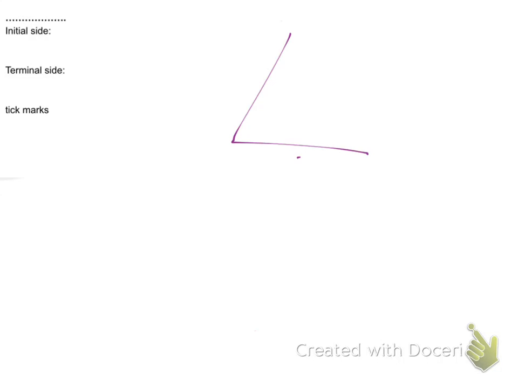So we have an initial side, and that would be where it starts. And that will rotate to the terminal side. So it opens, right? Initial side to the terminal side. Initial, start, terminal, stop.